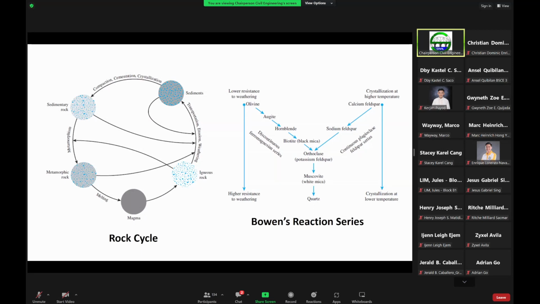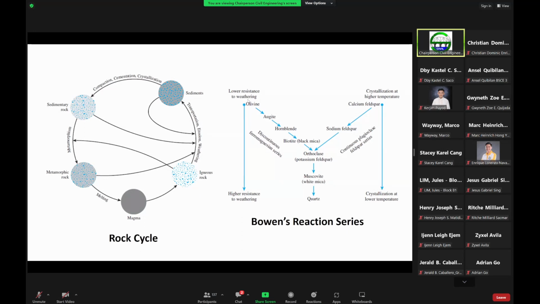For example, we have a mineral called olivine, and it has a lower resistance to weathering. As you go to a higher resistance to weathering, the olivine will become an augite mineral, then a hornblende mineral, then a biotite mineral, or we call it the black mica.